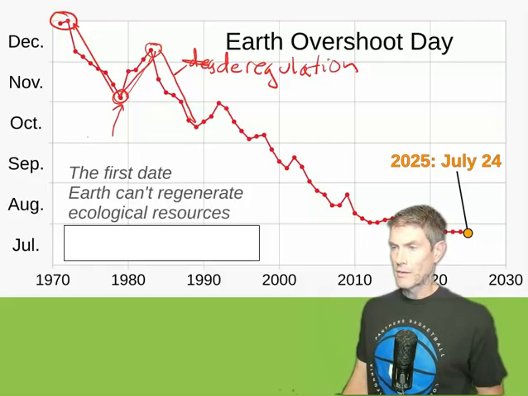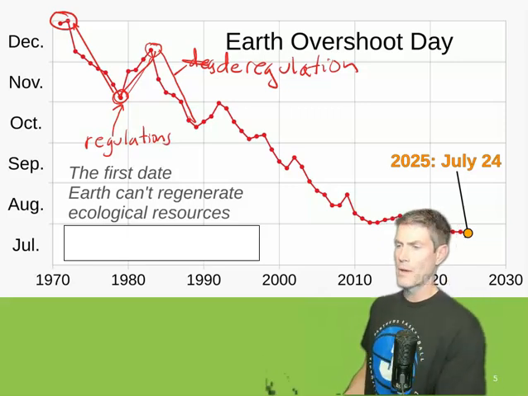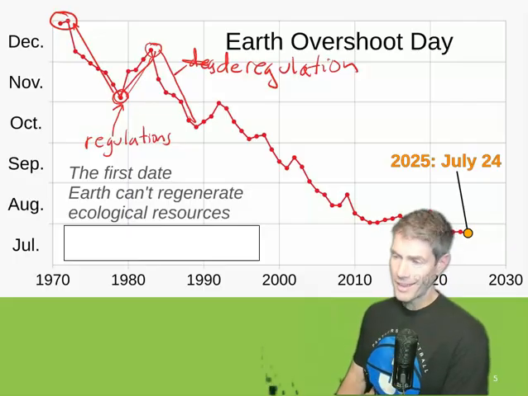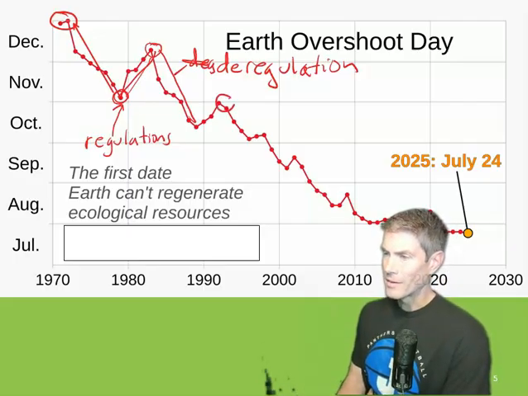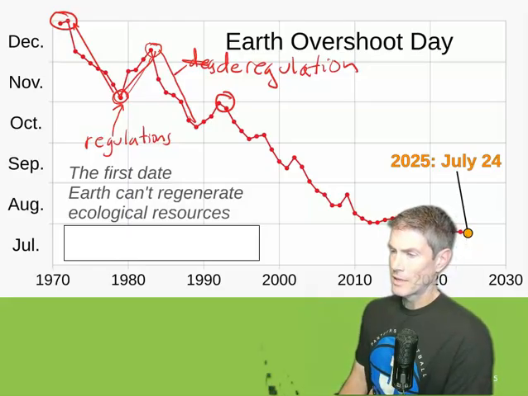So right here we had environmental regulations go into effect in the United States. It just shows you what impact we have. Oh, and guess what happened here? We had a bit of deregulation.